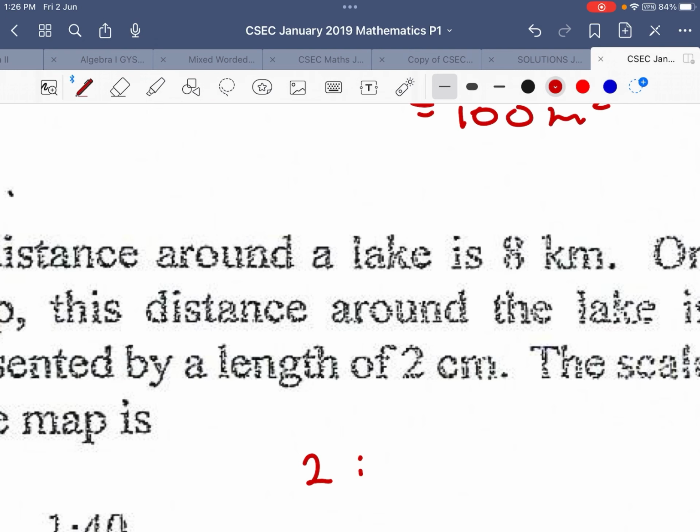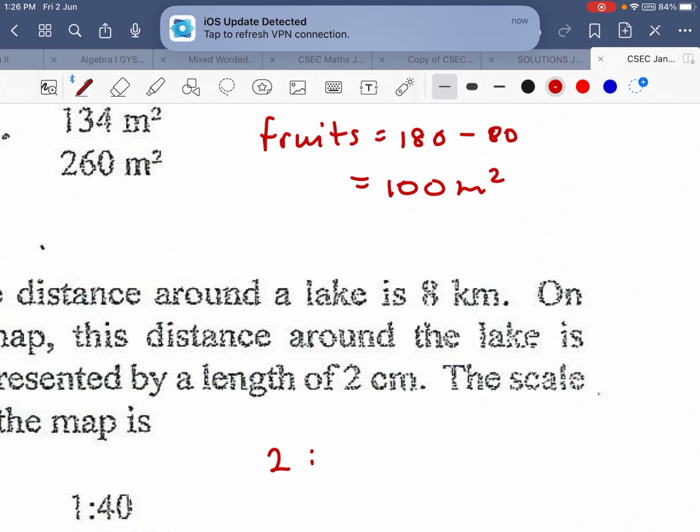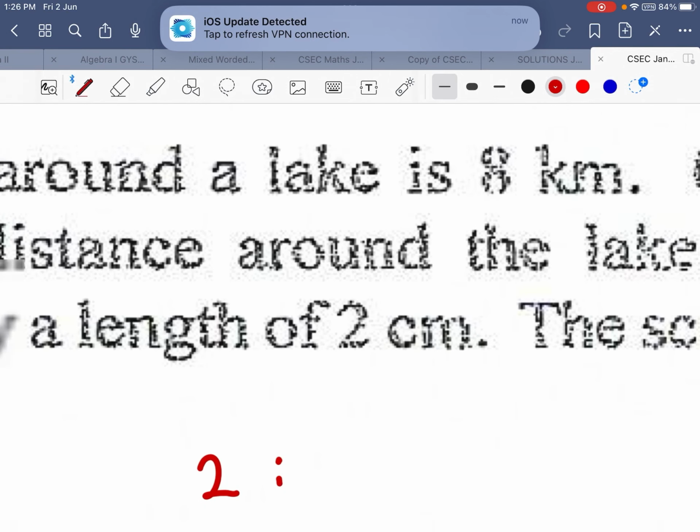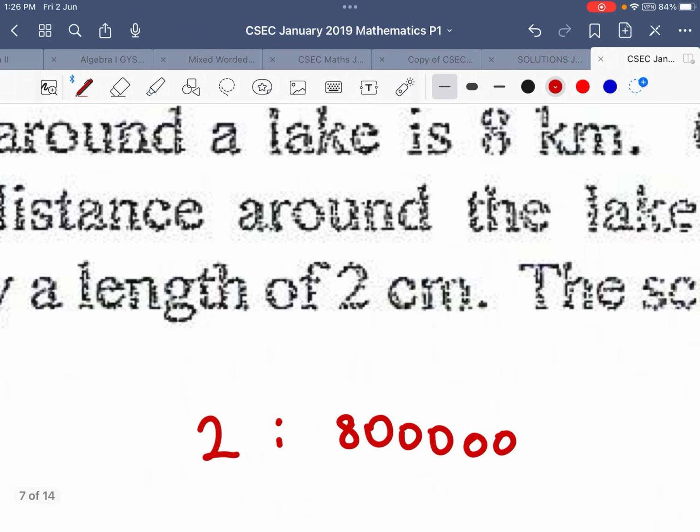So we have 2, and in 8 kilometers there are 1000 meters per kilometer, so that's 3 zeros you need to add, 8,000 meters, and then 2 more zeros to get to centimeters.